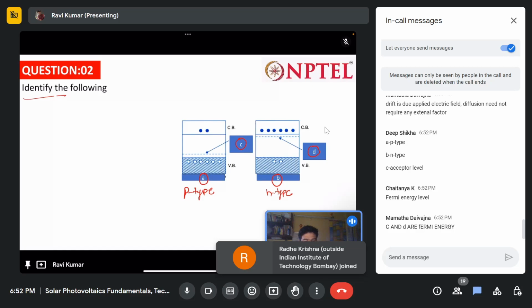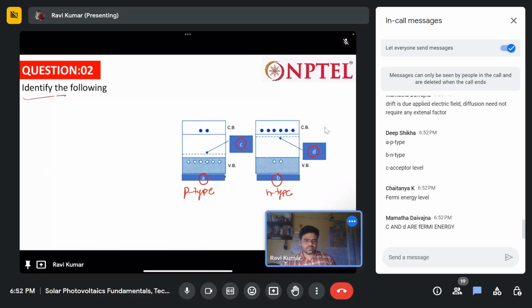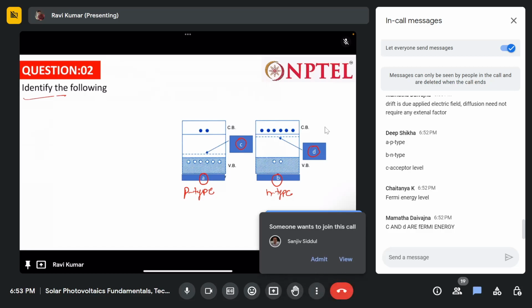C and D are Fermi level. We also know those Fermi levels by some other name. I just told you acceptor and donor level. So which one is which? Which one is acceptor and which one is donor?